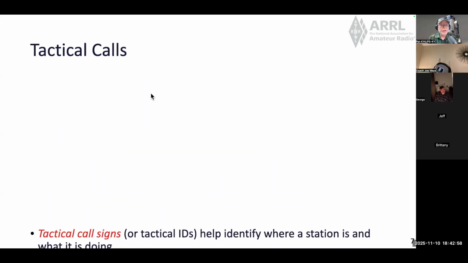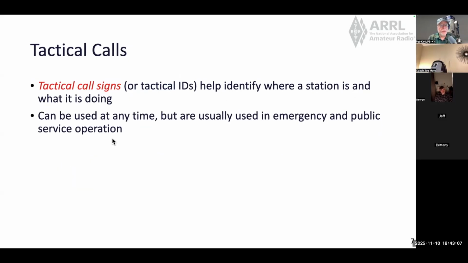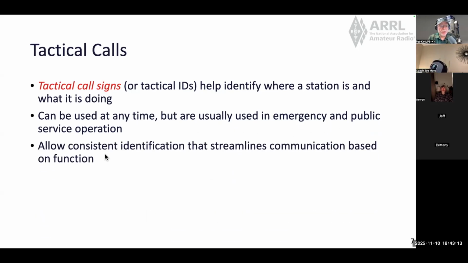So, tactical calls. Tactical call signs or tactical IDs help identify where a station is and what it's doing. They can be used at any time, but are usually used in emergency and public service operation. They allow consistent identification that streamlines communication based on function.